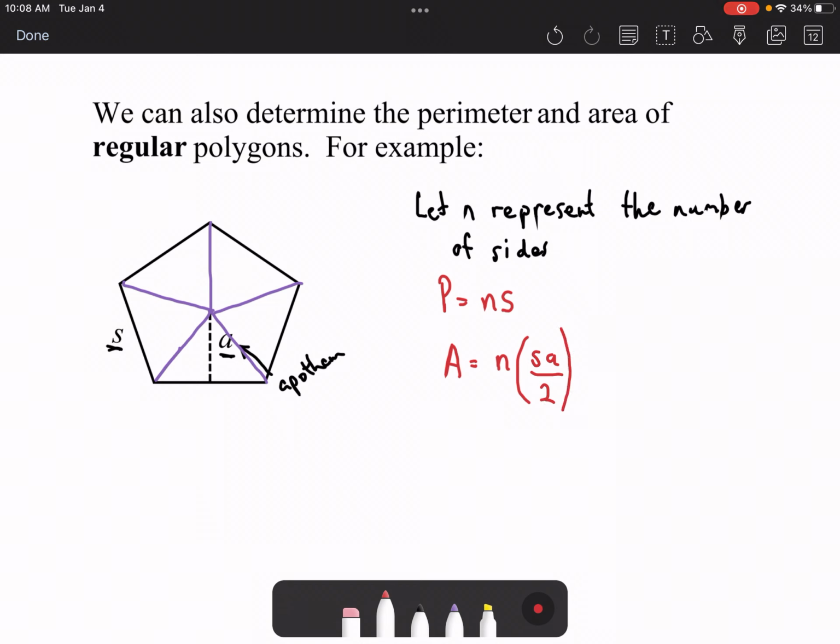In other words, whatever the base is times the height divided by 2. So these are some general formulas you can use in order to find the area of any regular polygon that you may wish to find, if it's not made up of shapes that you do know.